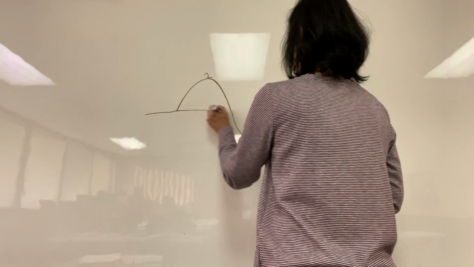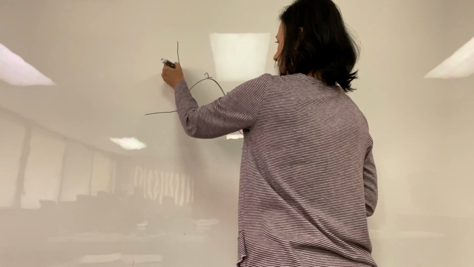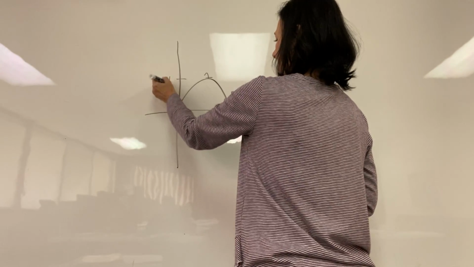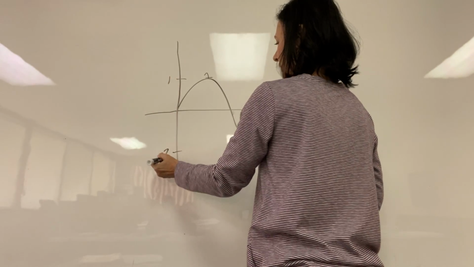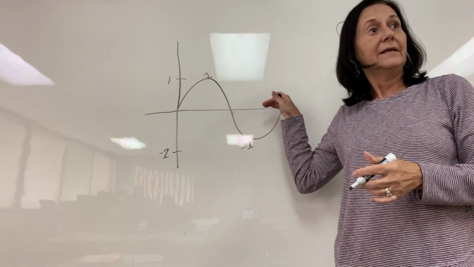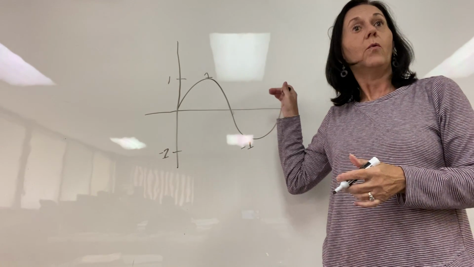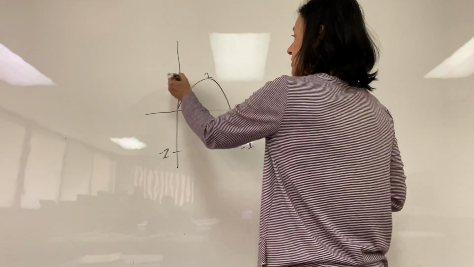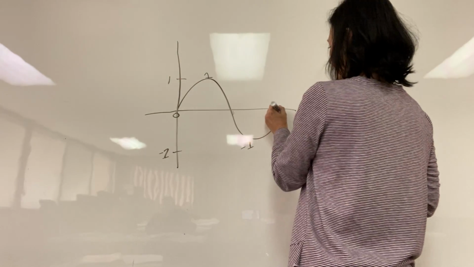I put this on the graph. So one complete cycle, we see one wave, right? The cosine, and this is 0, and that's 2 pi.